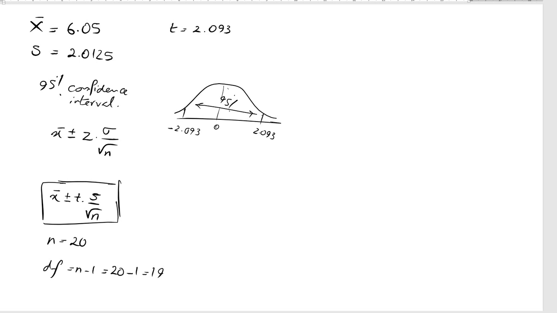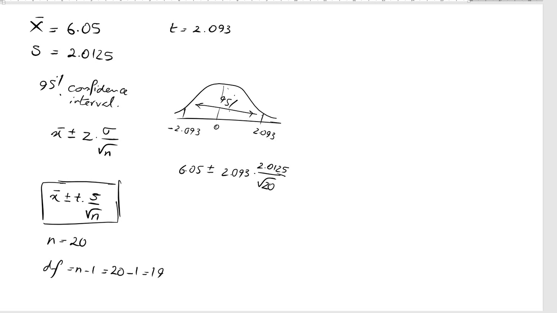I want to find the x value corresponding to these two values here. Rest is easy, just need to plug in the values. x bar would be 6.05 plus minus t is 2.093 times s is 2.0125 over square root of 20.